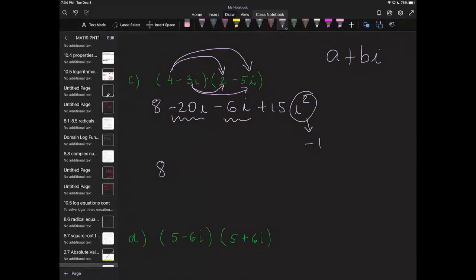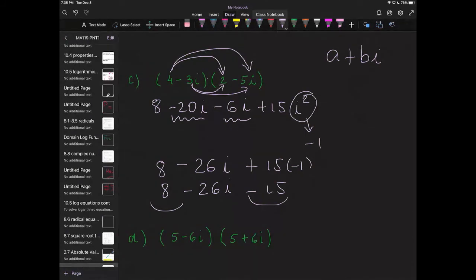So we have 8. Combine the like terms, negative 20i minus 6i, that's negative 26i. And then you have 15 times negative 1, which is negative 15. And again, with the replacement of i squared with negative 1, I have two like terms.